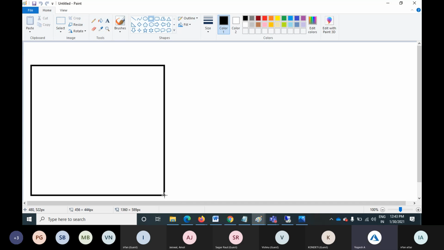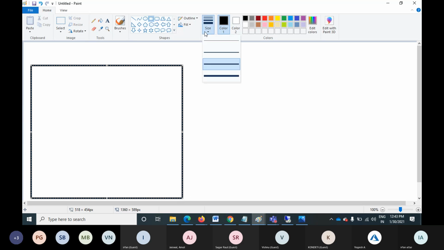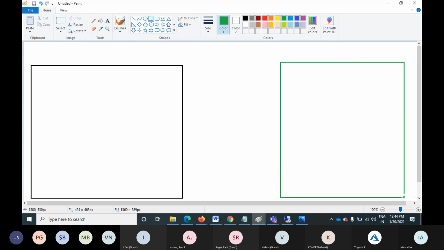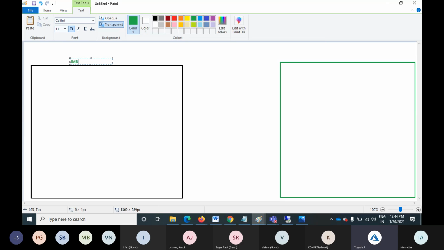I have two companies. This is the IBM company, and this is the HP company.